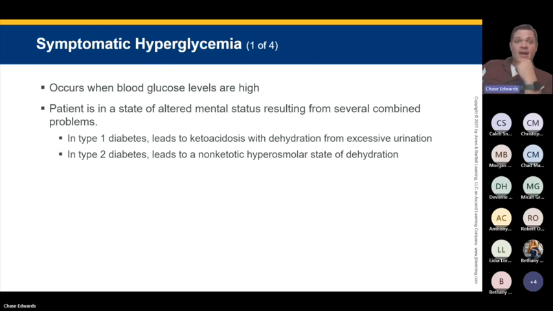You'll give these patients fluids and everything, and they'll just constantly urinate. In type 2 diabetes, this leads to a non-ketotic hyperosmolar state, a state of dehydration due to the discharge of fluids from all the body systems and eventually through the kidneys, leading to a fluid imbalance.